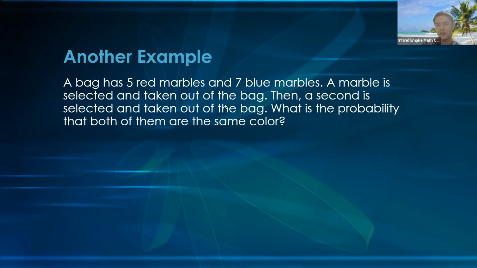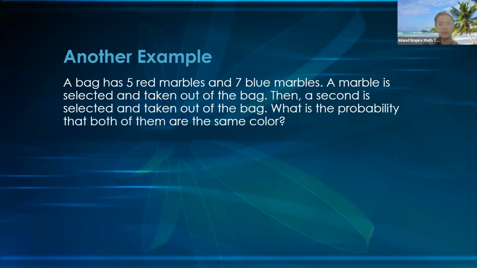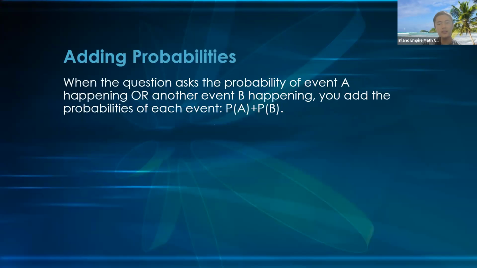All right, let's solve this problem, shall we? So here's the solution, right? As we have mentioned earlier, this is an or question. The word or is involved, and it's asking the probability of event A happening or event B happening.